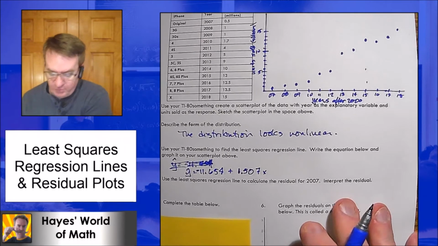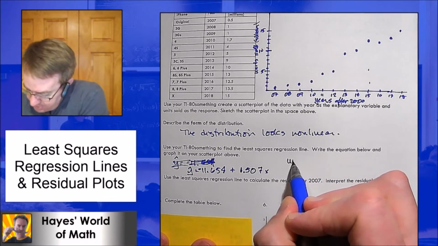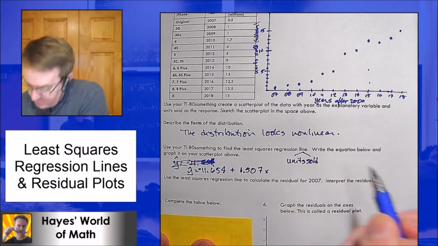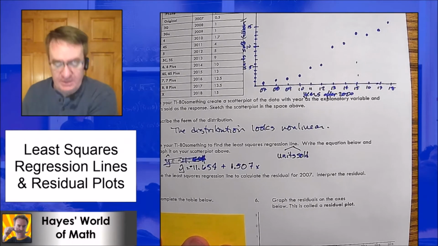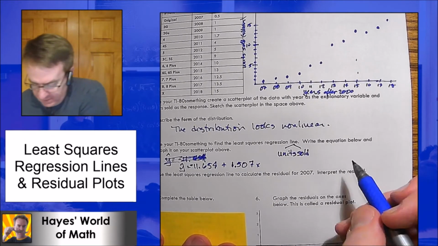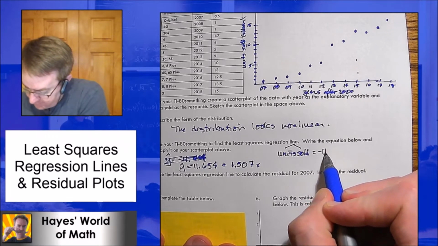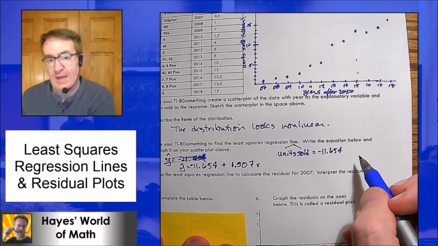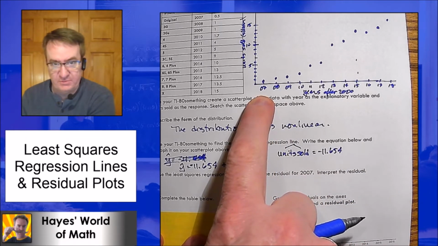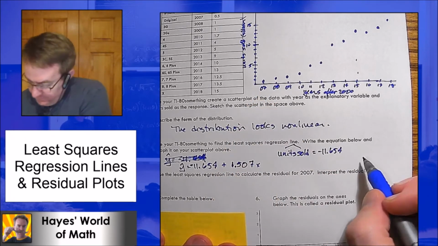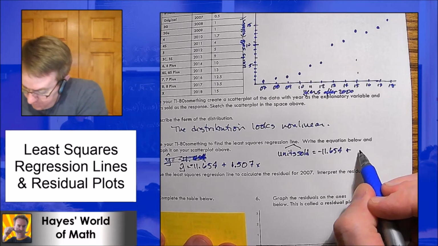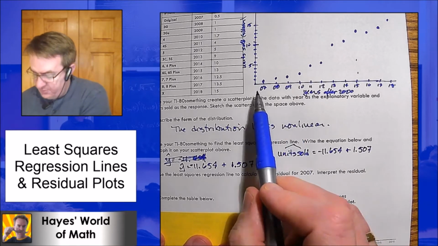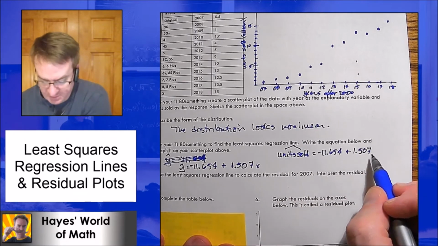So if we're going to translate that, we're going to say our predicted units sold, remember that little hat there tells us it's predicted, is going to equal a negative 11.654 units. And that would be back when, in our case, it's going to be the year 2000. Plus 1.507. Now, what is X really standing for? X is years, so I'm going to put down years here.